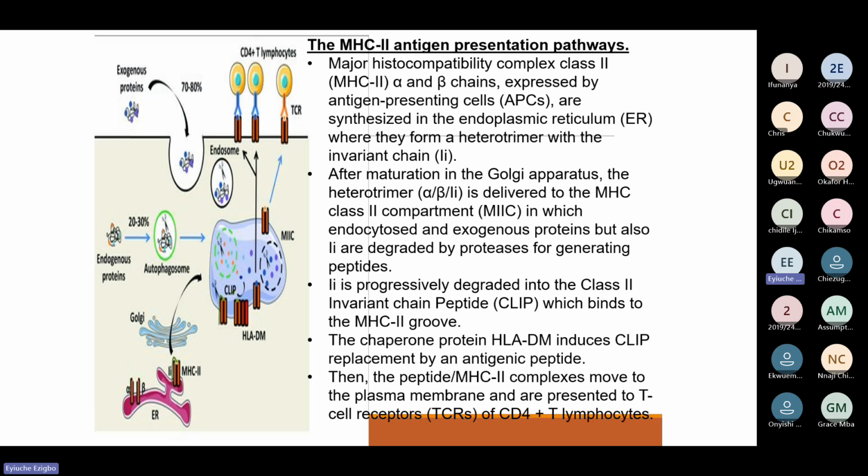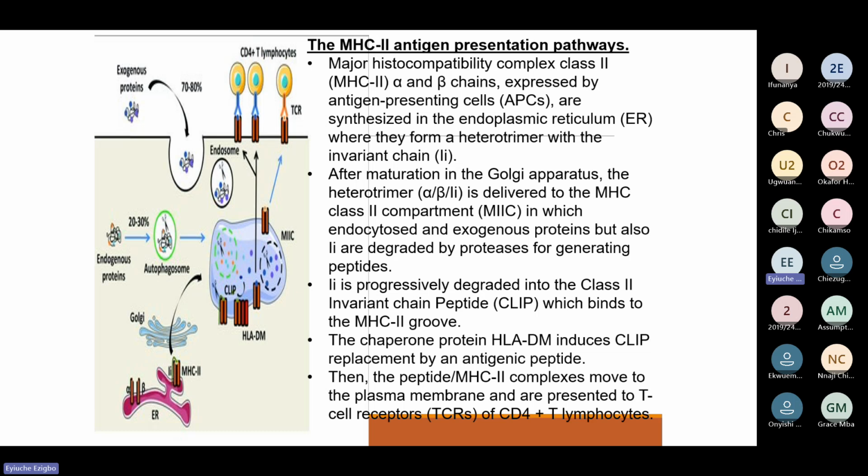After maturation in the Golgi apparatus, the heterotrimer is delivered to the MHC class 2 compartment, in which endocytosed exogenous protein, but also the invariant chain, are degraded by proteases to generate peptides. The invariant chain is progressively degraded into the class 2 invariant chain peptide, CLIP, which binds to the MHC class 2 groove.